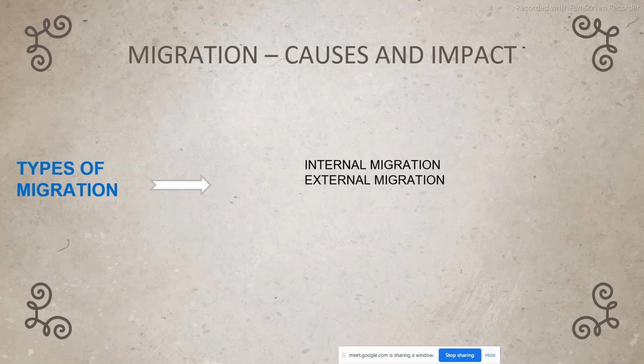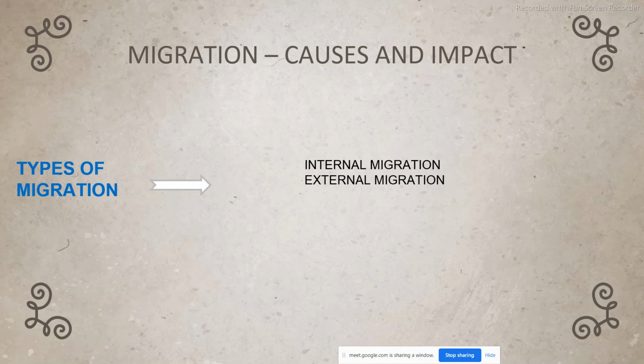Similarly, if you consider from one country to another country within the continent, then it can also be internal migration if you are keeping it in the category of continent migration. Like from one country people move to another country. For example, Rohingya Muslims have migrated from Burma and entered Bangladesh and India.